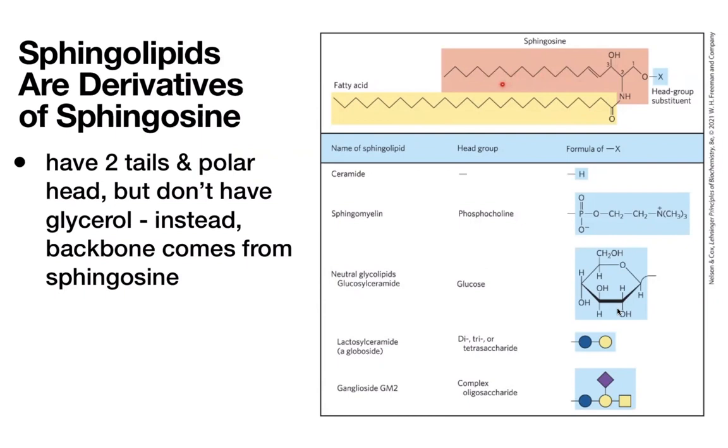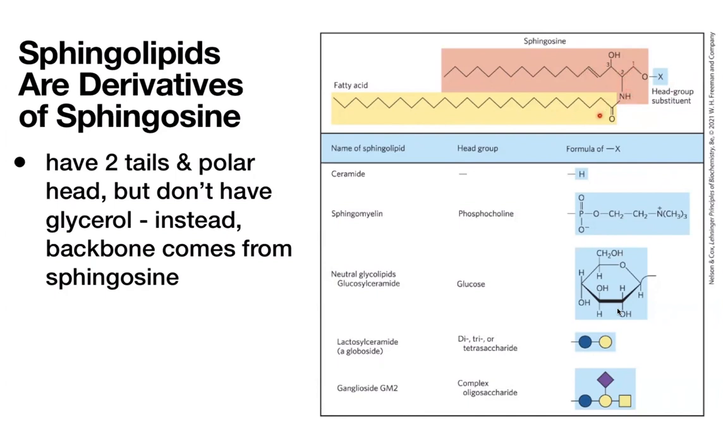So the sphingosine itself has this L-shape. And so it takes the position of that glycerol, where you have one position attached to your head group, then one position attached to a fatty acid. And then the other position is just attached to the hydrophobic chain of sphingosine. So this molecule sphingosine is our backbone and tail for one of them.